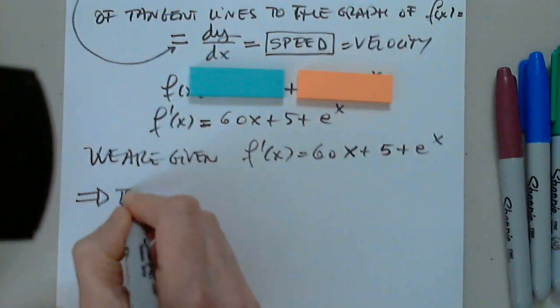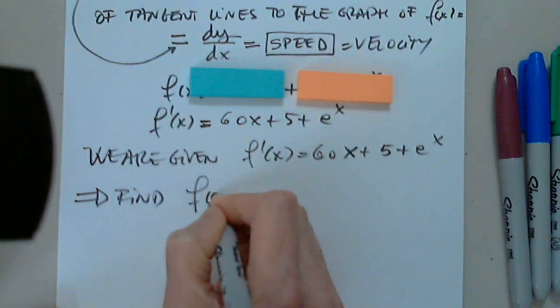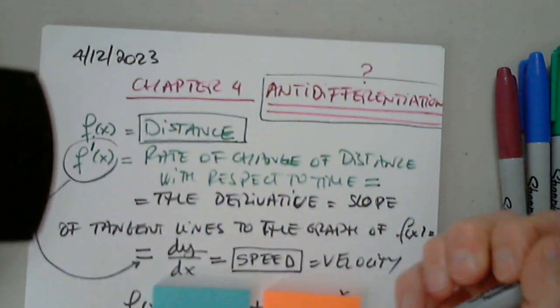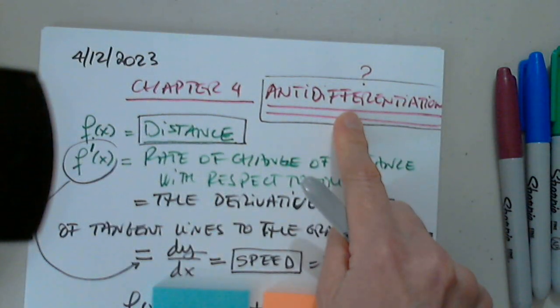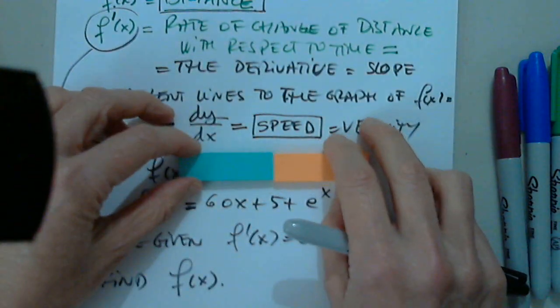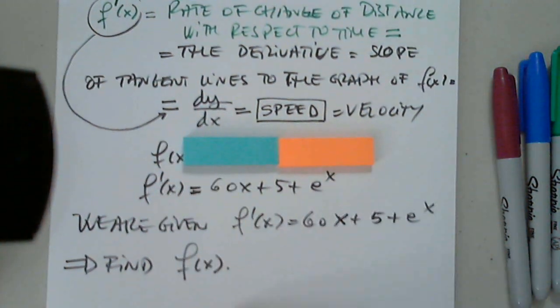We're asked to find f of x. So let's see how we undo the differentiation. We are canceling the differentiation. We are going backwards. So here we had the function. You gave me a function.